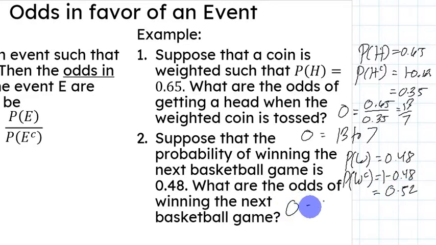So the odds would be 0.48 over 0.52, which in lowest terms is 12 over 13. So the odds of winning the next basketball game are 12 to 13. It's a bit close, but it's a bit unfavorable when you want to win that basketball game.